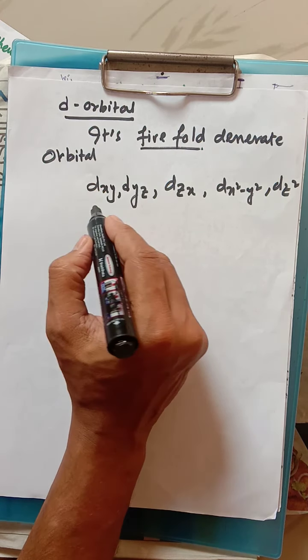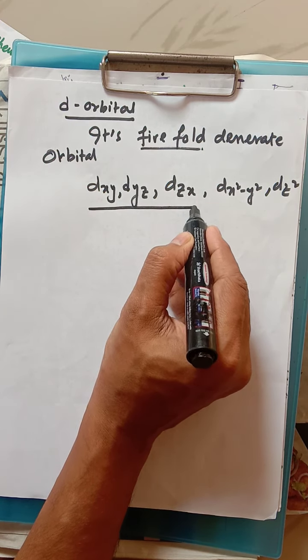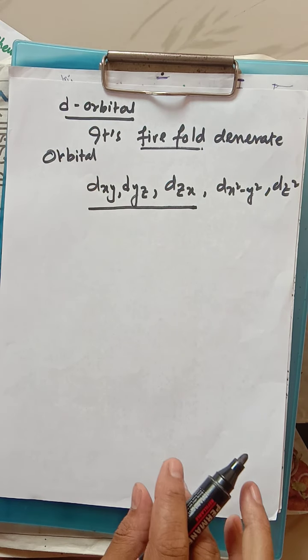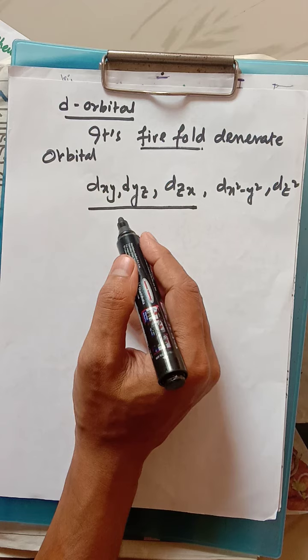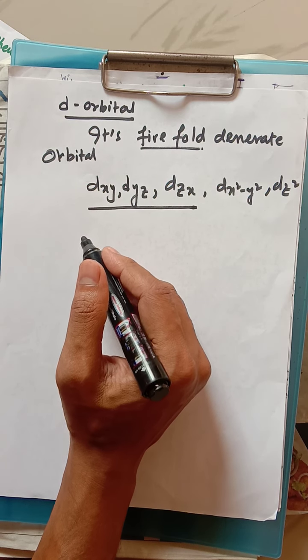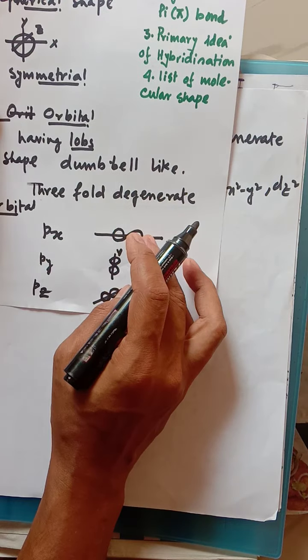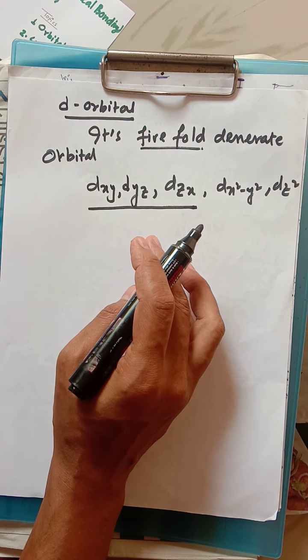Now here also, we can say, it is a double dumbbell shape. The shape is like the p orbital, but in the p orbital a single lobe was there, whereas here a double lobe is associated.